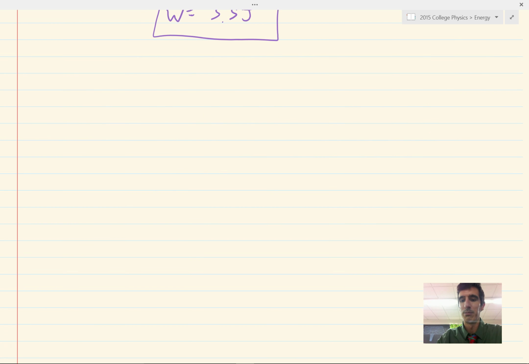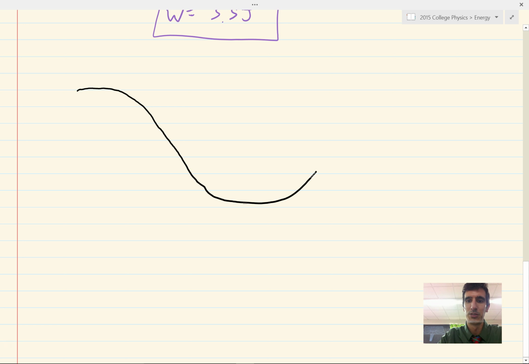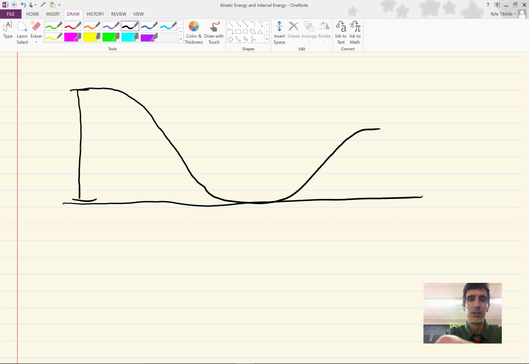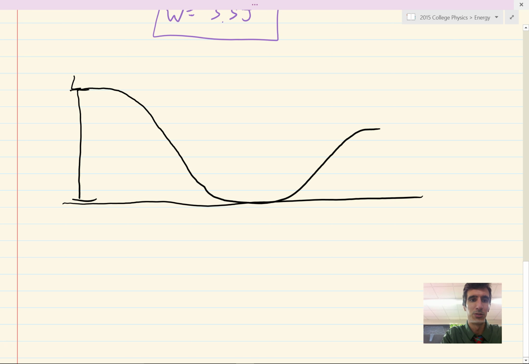So now let's combine work, potential energy, and kinetic energy to look at the classic roller coaster scenarios. We've got a roller coaster way up here, goes down and goes up, not quite to the top. And we'll say the bottom is the ground level, and this is the max height. We'll look at 3 scenarios of the roller coaster.